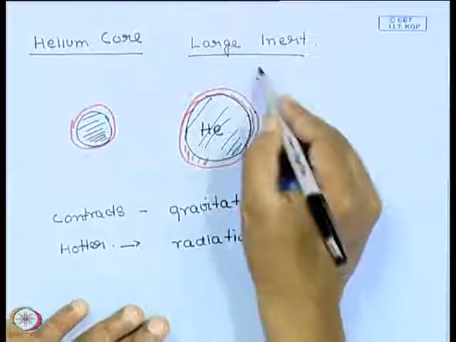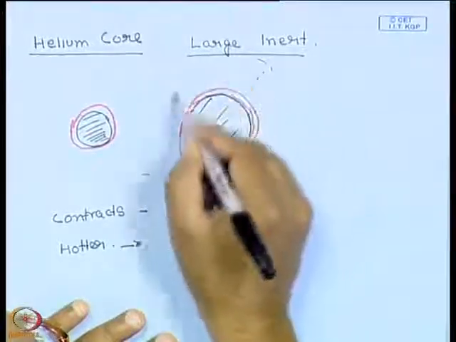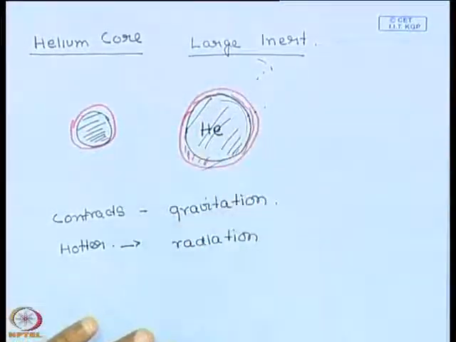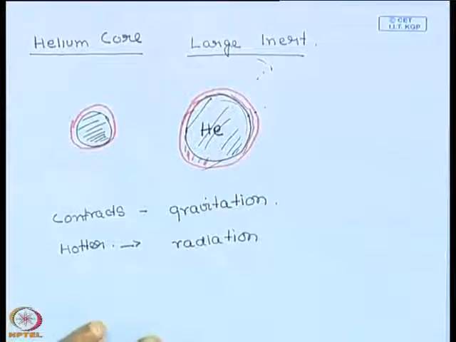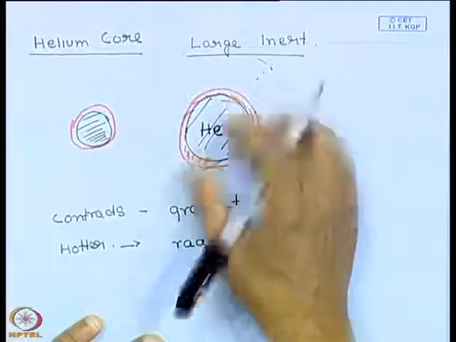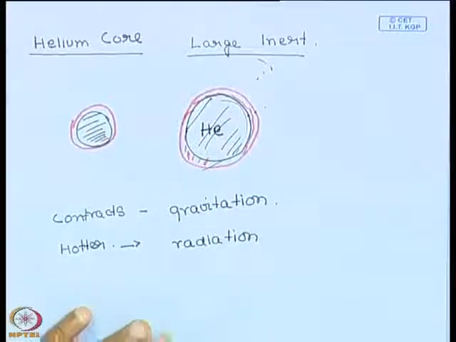Okay. So, in the outer part, there is energy being released from the center, more energy because it contracts. If you have more energy being generated at the center, we know from virial theorem that it will expand.